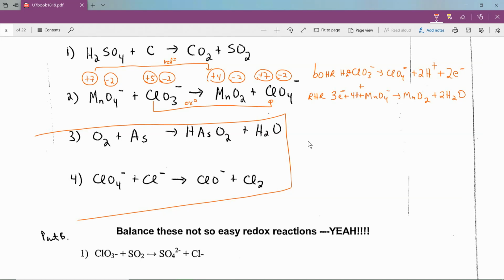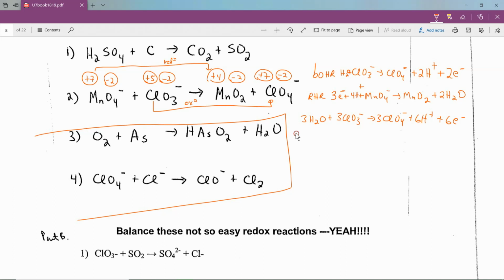So now I have to multiply the oxidation half reaction by 3 and the reduction half reaction by 2. So multiply everything through on the oxidation half reaction by 3. So I get 3H2O plus 3ClO3 minus goes to 3ClO4 minus plus 6H plus 6 electrons. And for the reduction half reaction, I got to multiply through all that by 2.